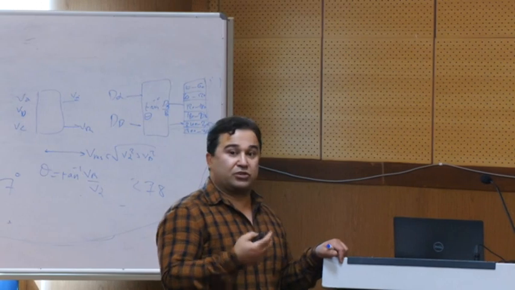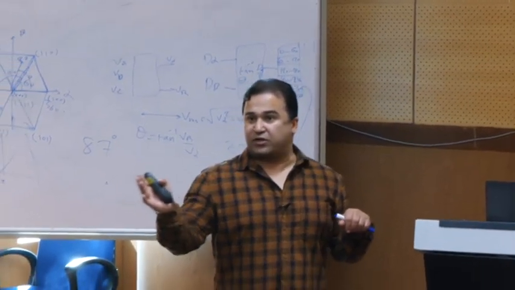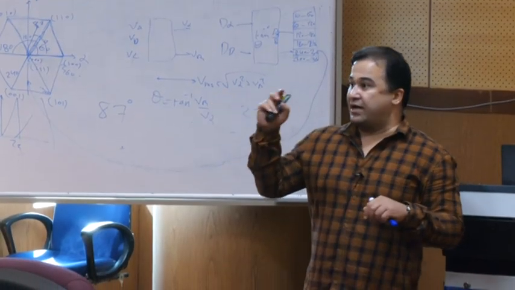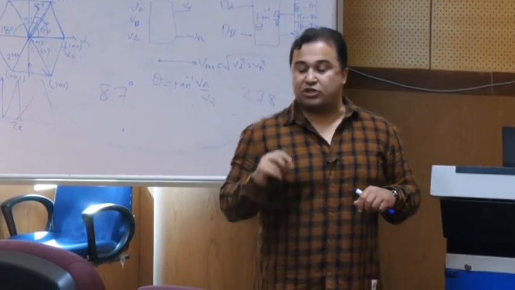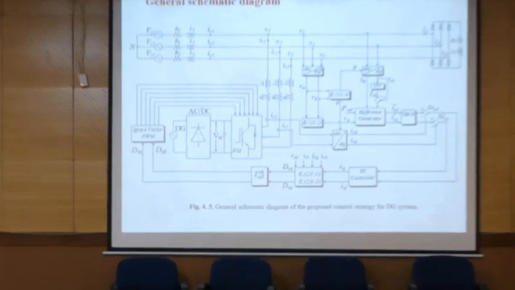Then the space vector decides which switching sector to go to. We call it 6 sectors, and based on that, they provide the switching pattern.